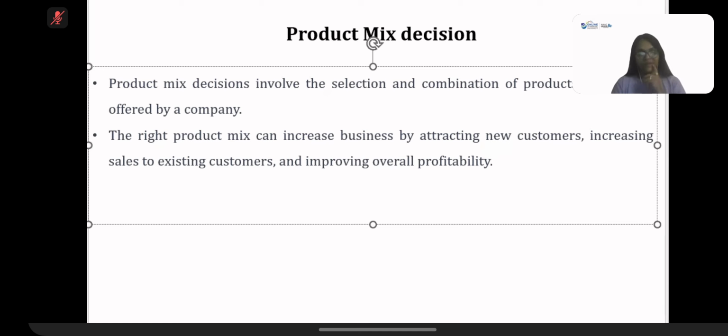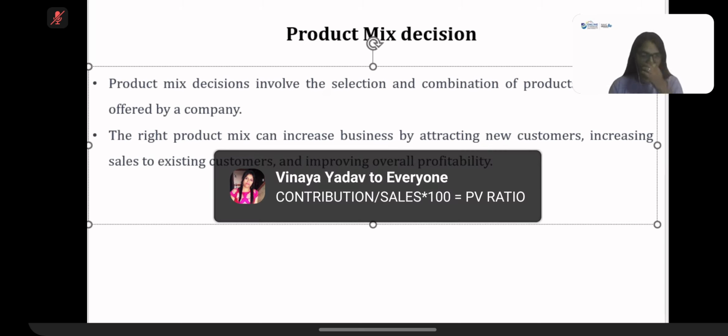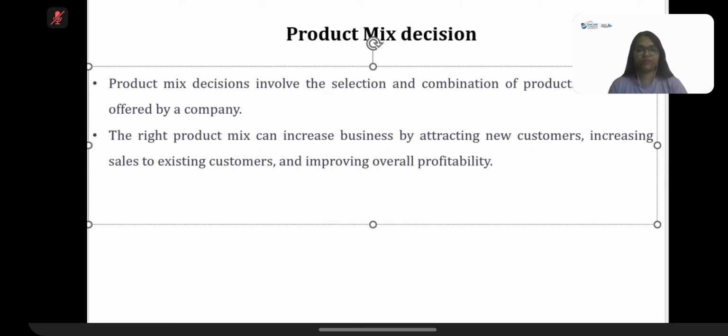PV ratio. Sorry, 1 minute. It went to only Sachin. I'll make it everyone. Hold करिए. Just hold on. Okay. Got everyone? Avdesh, that you need to check with your support team. I don't have any idea about this.